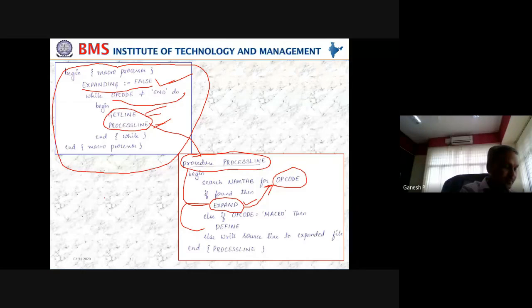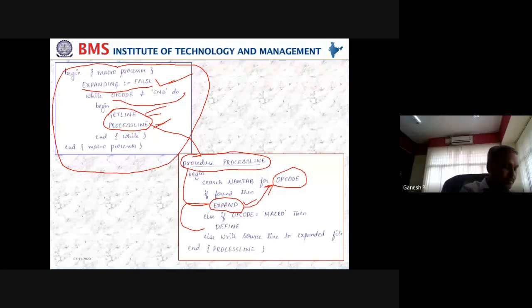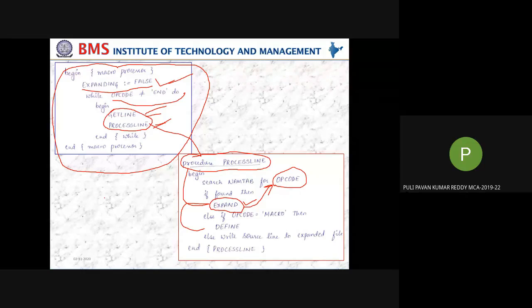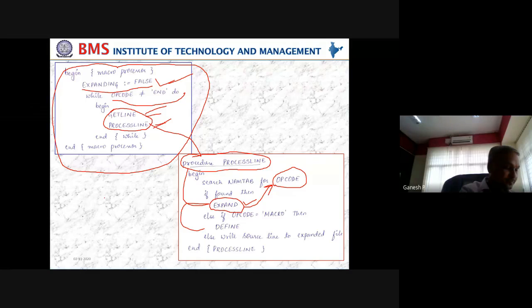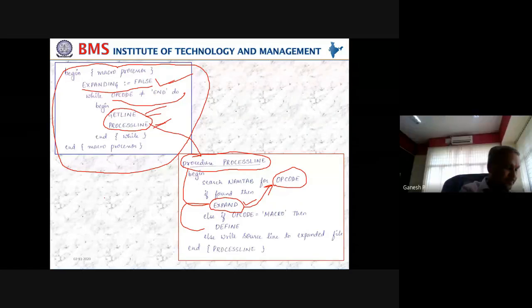Pavitra? Present, sir. Maithili? Present, sir. Priyanka? Present, sir. Pavan Kumar? Present, sir. Akash? Present, sir. Rajeshwari? Present, sir. Rakesh? Ramya? Present, sir. Rashmi?